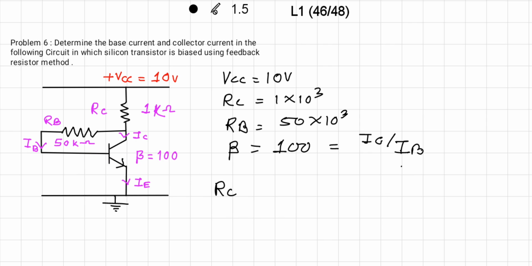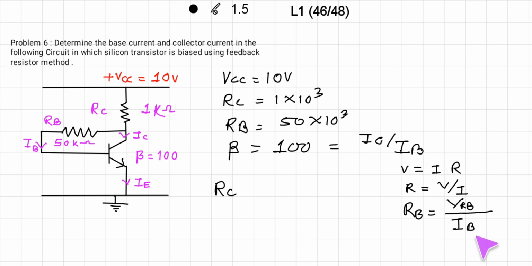So note that we know the relation V is equal to IR, therefore R is equal to V upon I. Now we are talking about the resistance RB. So what is the potential drop across resistance RB, that is to be calculated or understood, and the current IB which we need to find out.